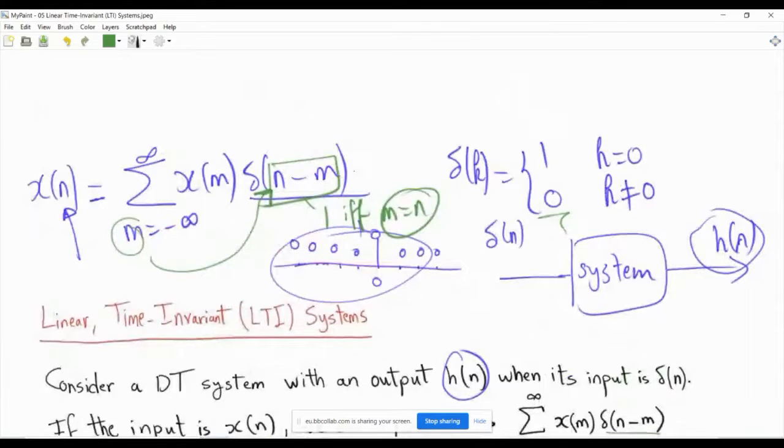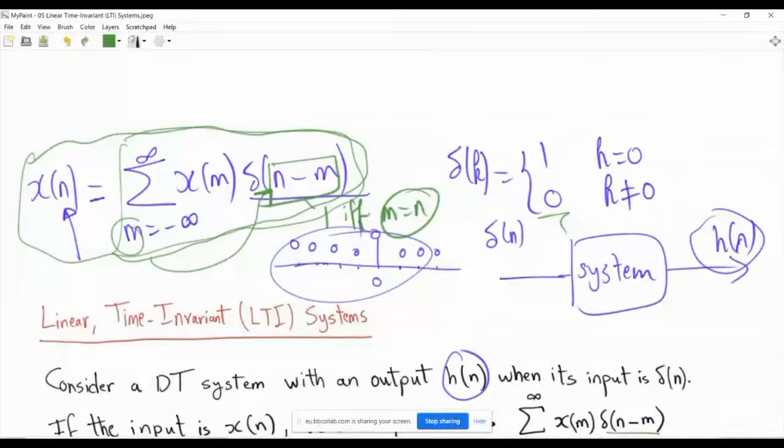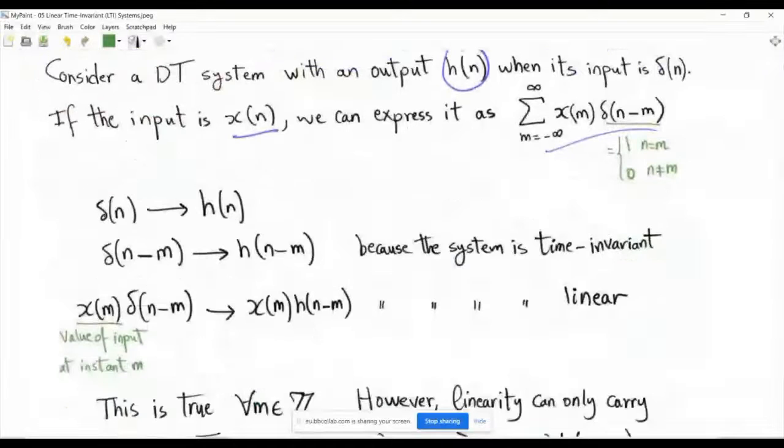So from the definition of the discrete time delta, you can take x of n and express it in this apparently complicated way, but it will be useful for our purposes. What do we know about the system?